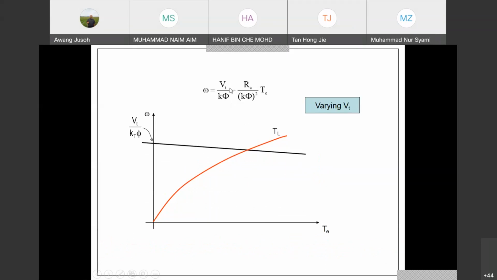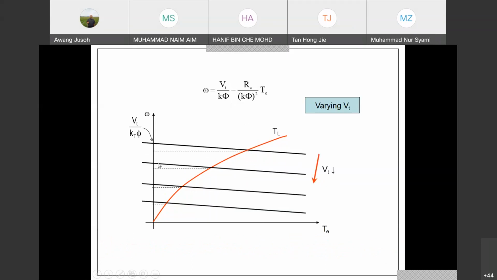If you reduce to V terminal 2, then you get characteristic number 2. What happens when we reduce voltage? We get lower speed and lower torque here. If you want much lower speed, the voltage must be reduced. Then you get this one, and so on.